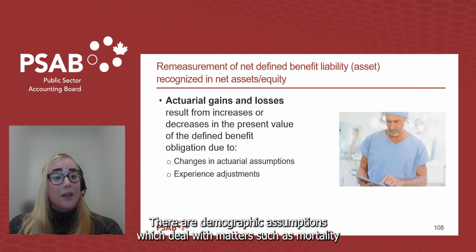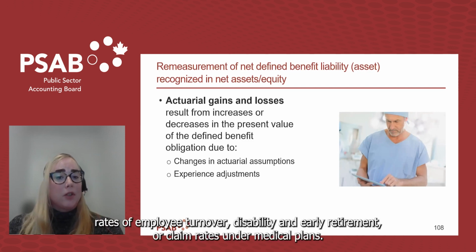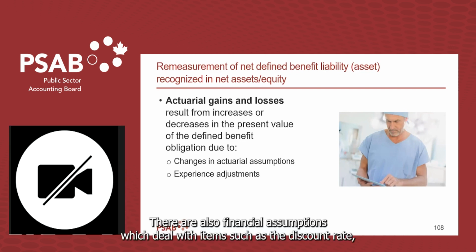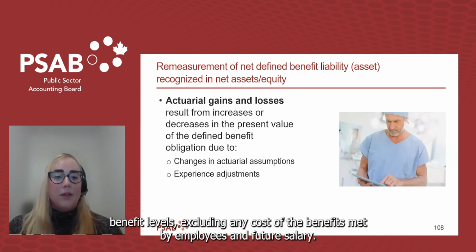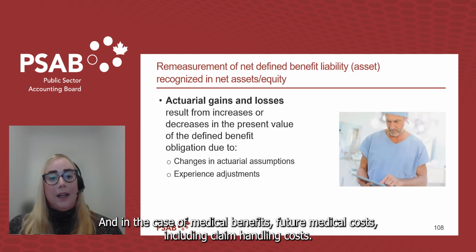There are demographic assumptions, which deal with matters such as mortality, rates of employee turnover, disability, and early retirement, or claim rates under medical plans. There are also financial assumptions which deal with items such as the discount rate, benefit levels, excluding any cost of the benefits met by employees and future salary, and in the case of medical benefits, future medical costs, including claim handling costs.